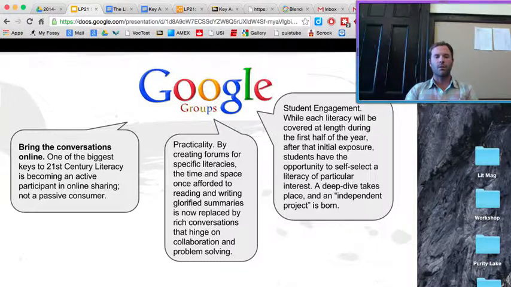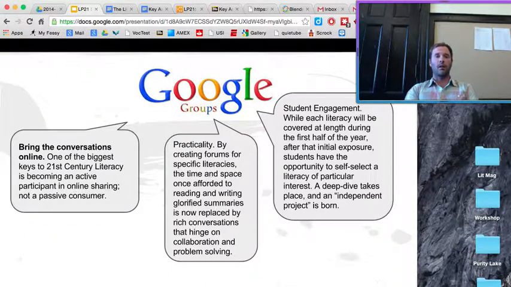So that's the first half of the year, right? Really the first month is learning how to use a message board. And I really love Google Groups because the message board format is just so ubiquitous. Kids are going to encounter that a lot, and they're going to choose to sign up for forums and threads as they get out of school, both in and out of school. So that first month or so, we teach those skills.